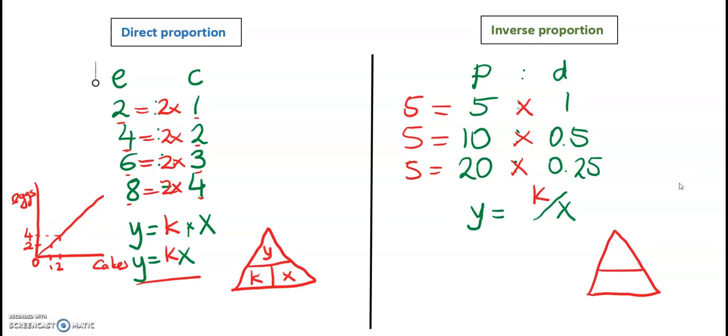So as you can see, we multiplied y and x to give us the k value, the constant. So if we try and show this using a graph, maybe number of people here and number of days, either way, then for 1 day, to do it over 1 day, 5 people are needed.